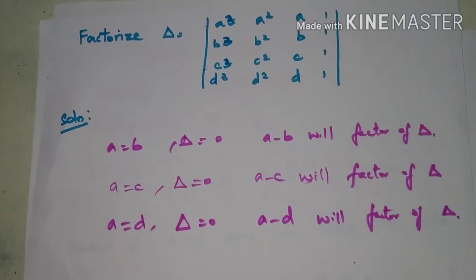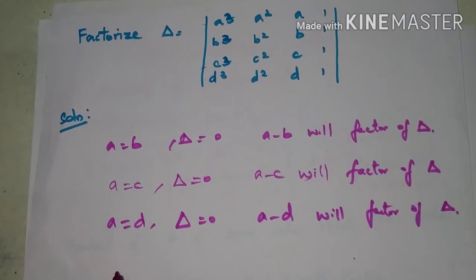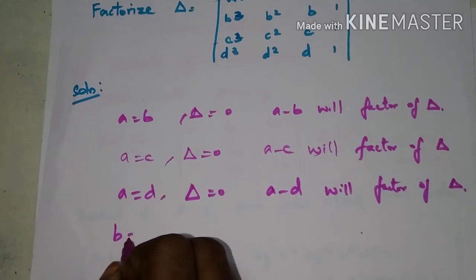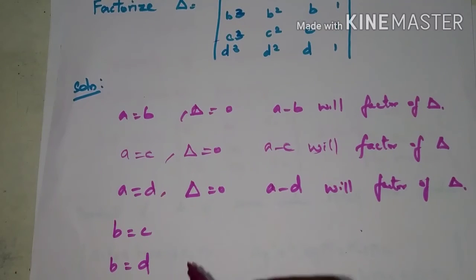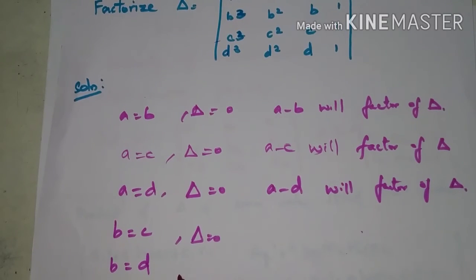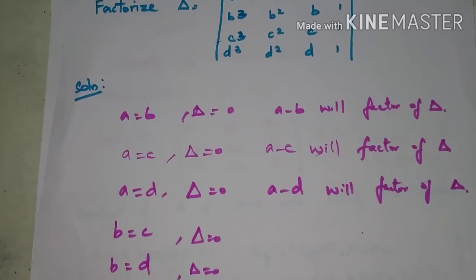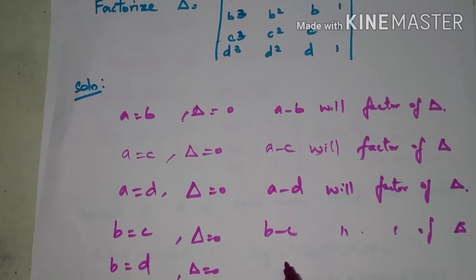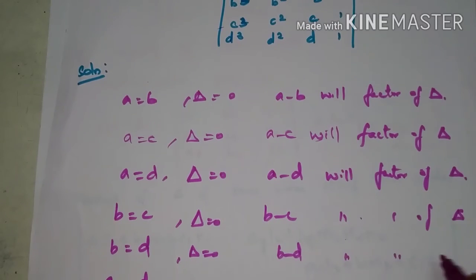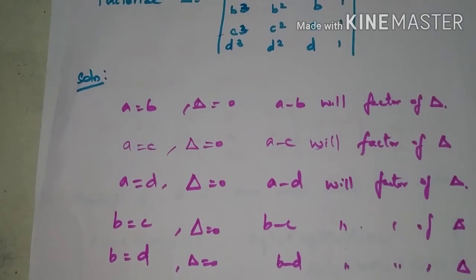Now, similar conditions like b can be equal to c, b can be equal to d, and c can be equal to d. In all these cases your del value would be equal to 0, and b minus c will be a factor of del, b minus d will also be a factor of del, and c minus d will also be a factor of del, right?